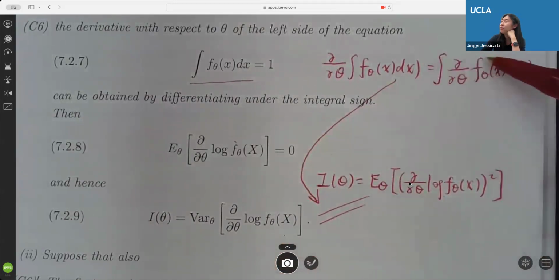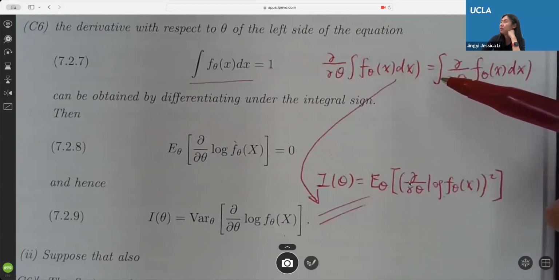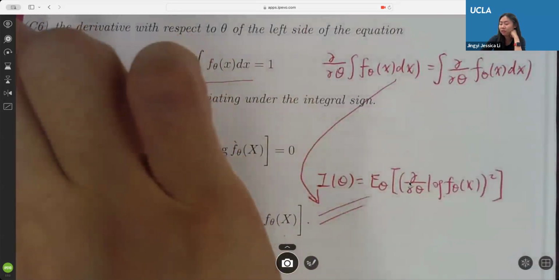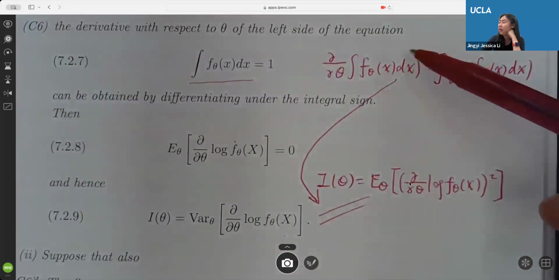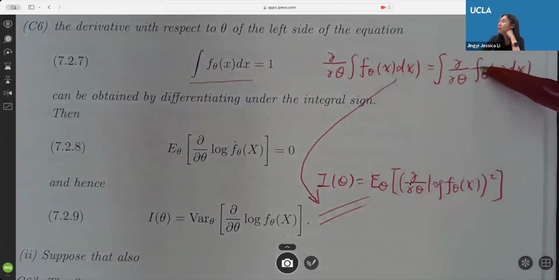And what does this imply? Integration and differentiation have exchangeability. This is what we call one of the regular situations. Essentially, it has something to do with this f being smooth enough, right?